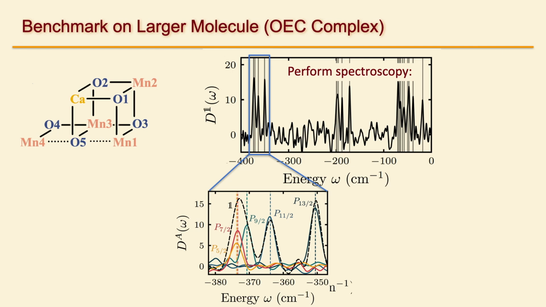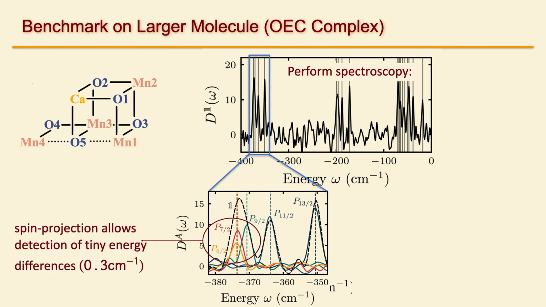And we find, again, this black line is what we get from the unit operator. And if we zoom into these different spin manifolds, we get really good resolution. For example, we can now resolve this yellow line and the red line. And in this particular case, this is down to 0.3 wave numbers.